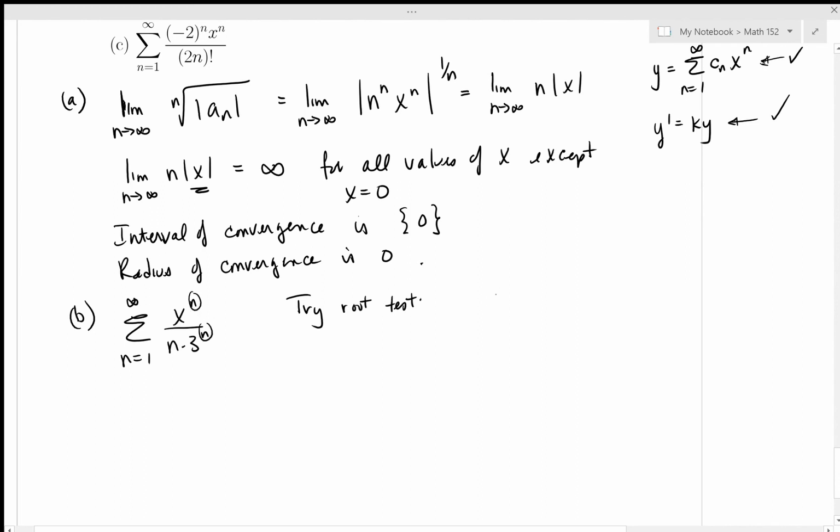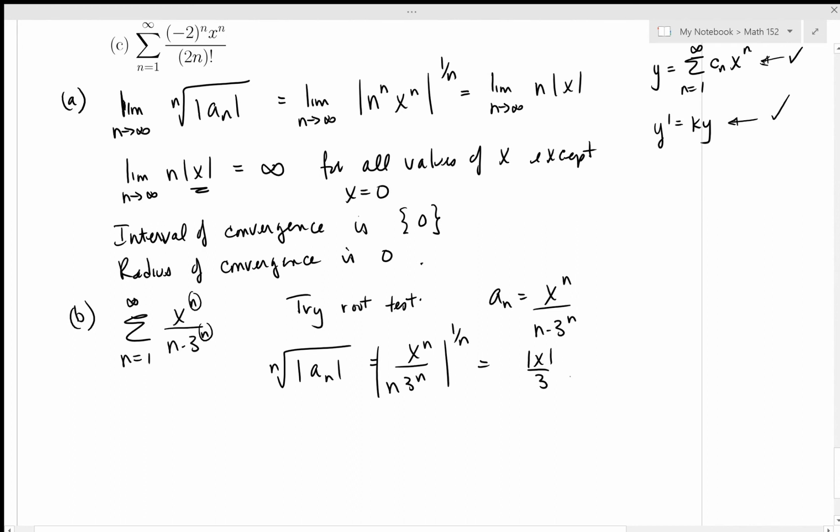a_n is x to the n over n times 3 to the n. And so I would then take a look at the nth root of the absolute value of a_n, see what that looks like. That looks like this: x to the n over n 3 to the n, to the 1 over n. And that's going to look like this: absolute value of x over 3, times 1 over n to the 1 over n.